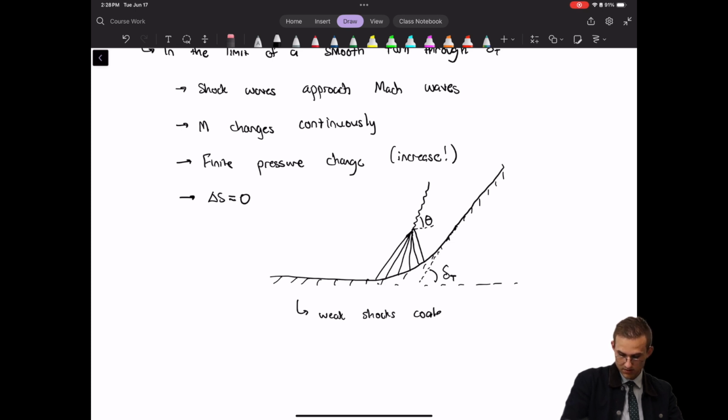So the weak shocks coalesce to form an oblique shock at angle theta to produce delta t.